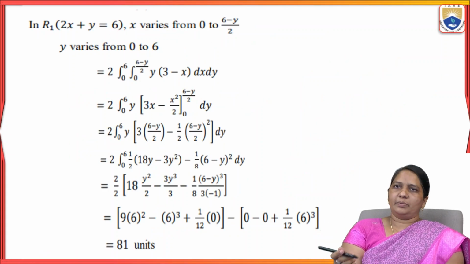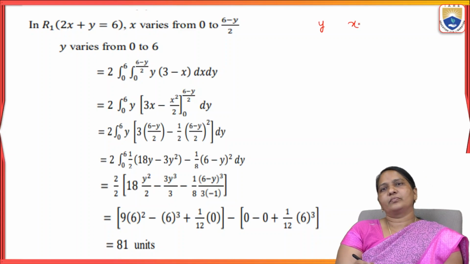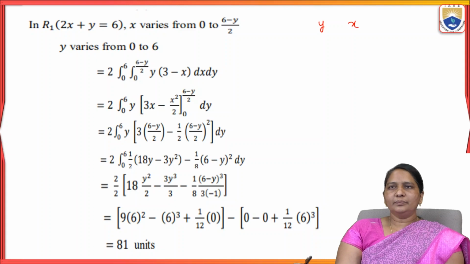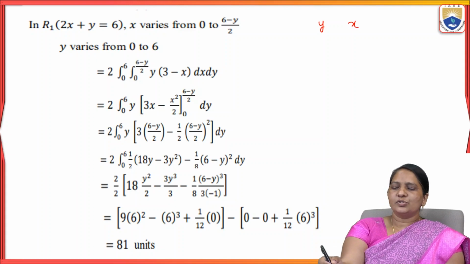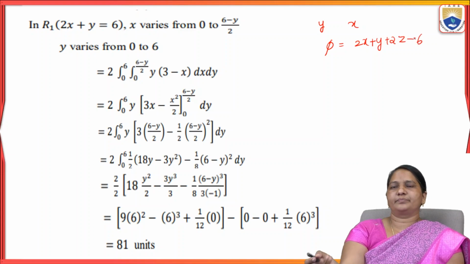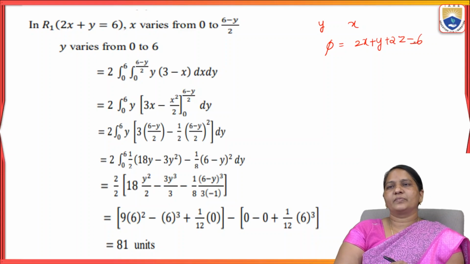I want to take the limits now. I should know the x and y limits, then only I can evaluate the integral. So what is the plane? The given plane is 2x + y + 2z = 6.